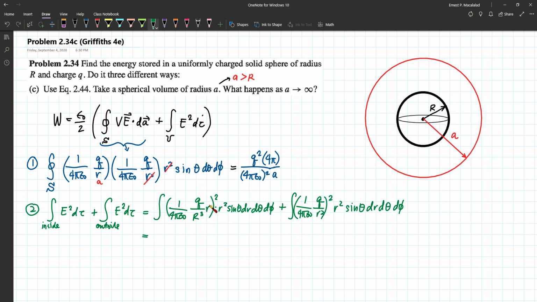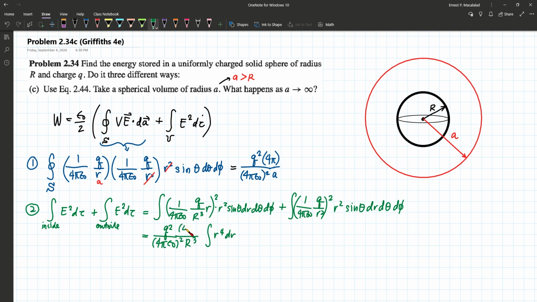Okay, so this will become q squared over 4 pi epsilon naught squared, then R cubed, then the integral of r to the fourth dr, and then the integral of sine theta d theta d phi.